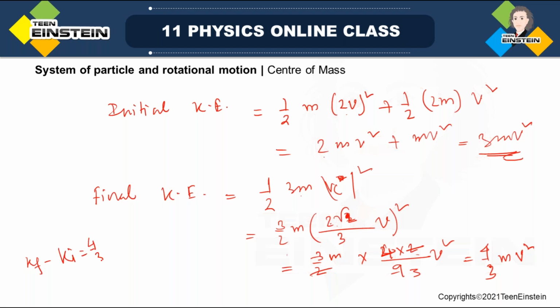Final was 4 by 3 mv square and initial was 3mv square. If I check the change in kinetic energy, we get 9 minus 4, so 5 by 3 mv square.